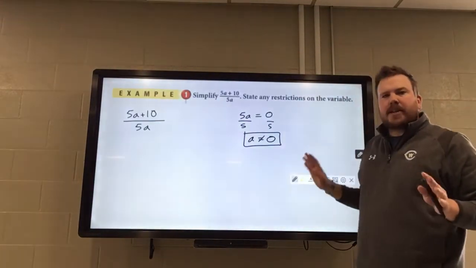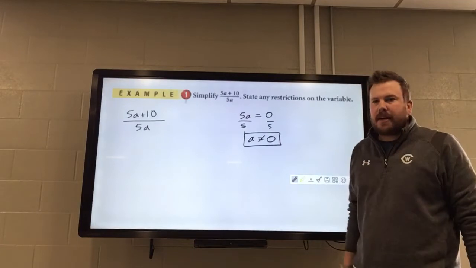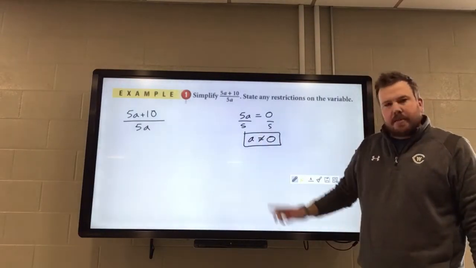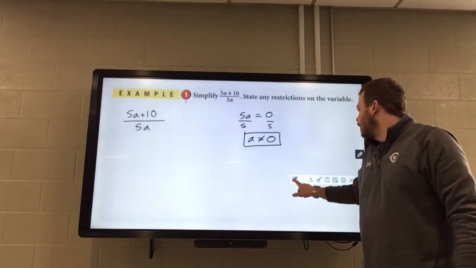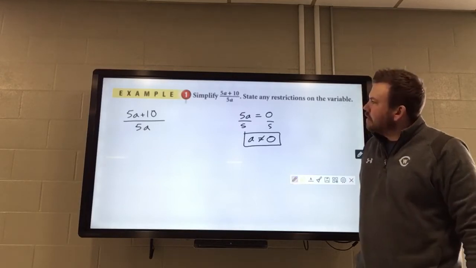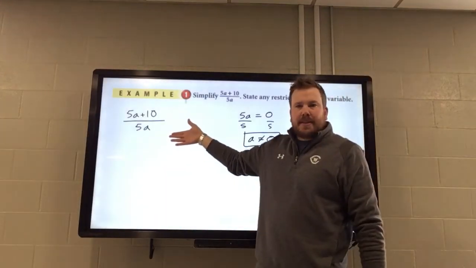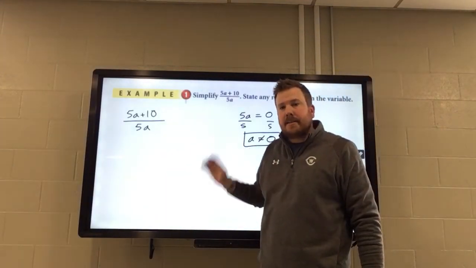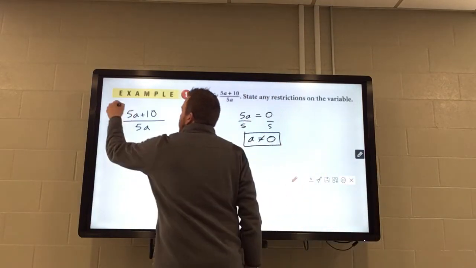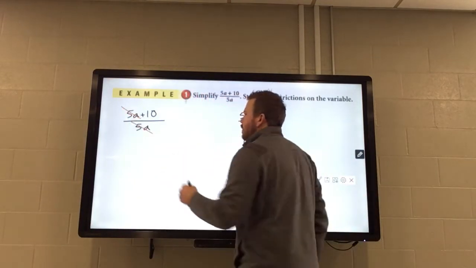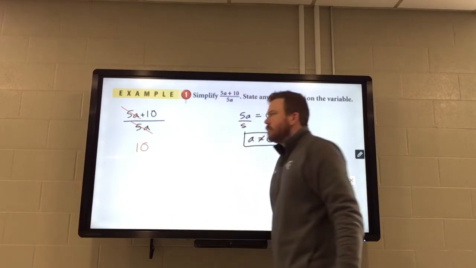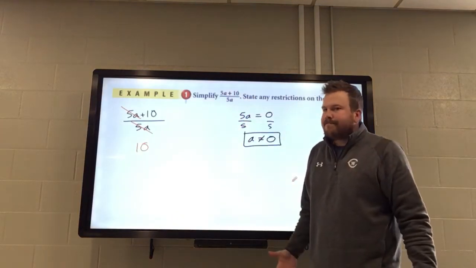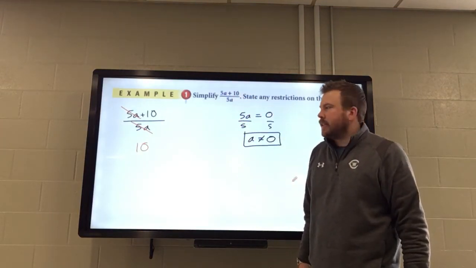Now, let's backtrack a little bit and get to simplifying. In order to simplify 5a plus 10 over 5a, we need to follow our 3 steps. Very commonly, students just think, oh, easy, I can just cancel out my 5a's, I'm left with 10. Doesn't quite work like that, unfortunately.